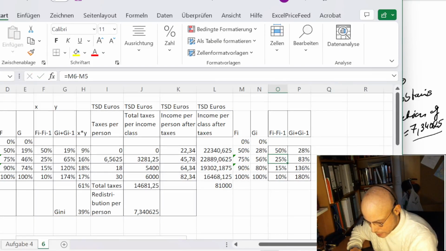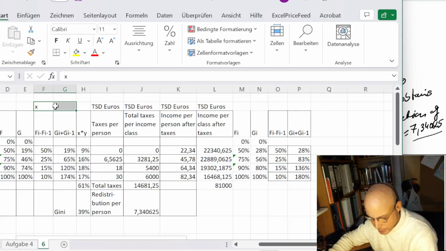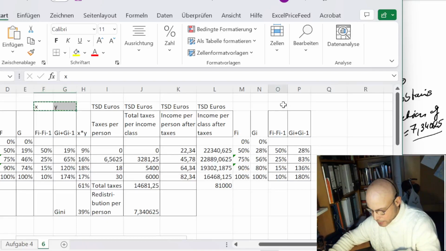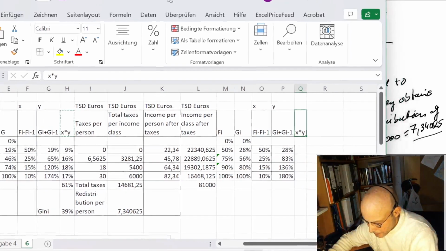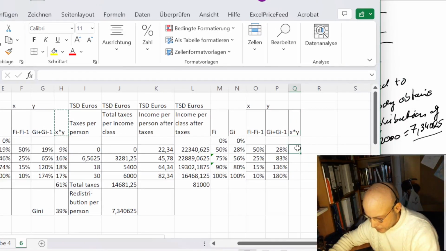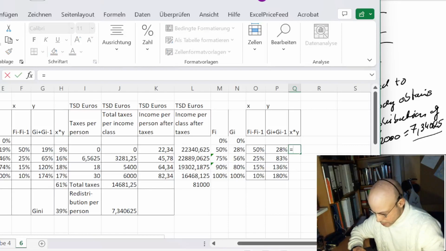And then, of course, if we again call this X and Y, we need the product of these two. This one times this one.